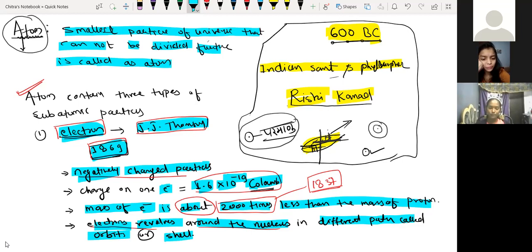The mass of one electron is about 2000 times less than the mass of a proton. Electrons revolve continuously around the nucleus in different paths called orbits. So this is all about the electron, the first subatomic particle.